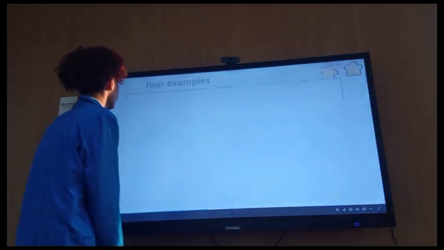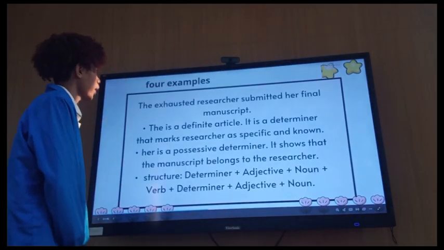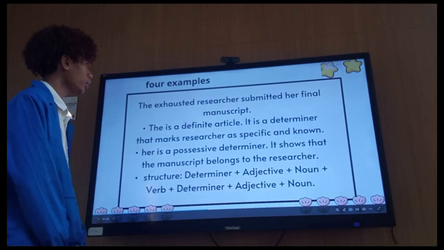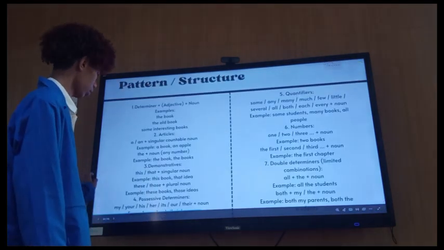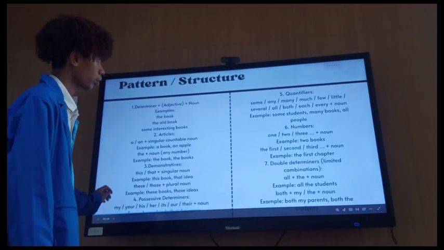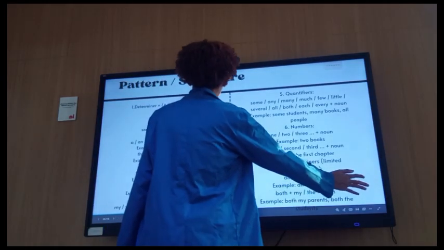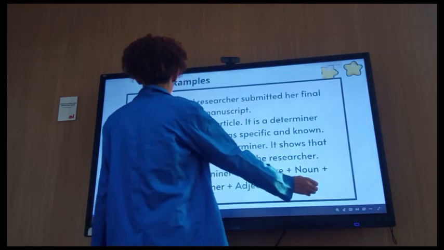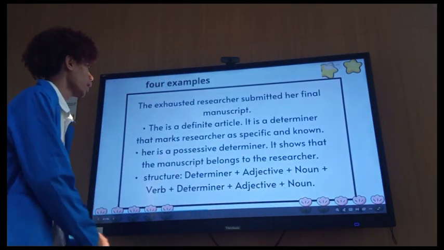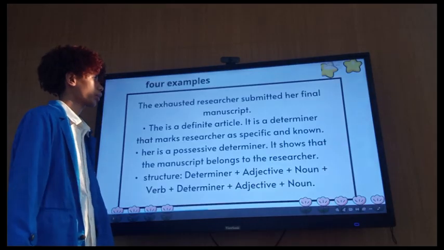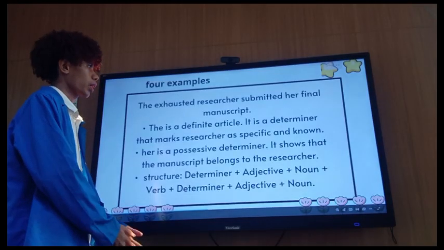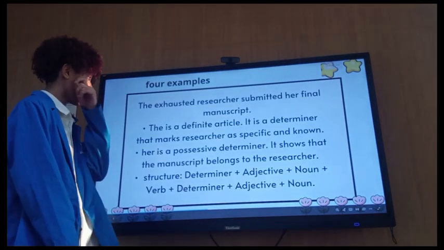Next. For example, the researcher submitted her final manuscript.